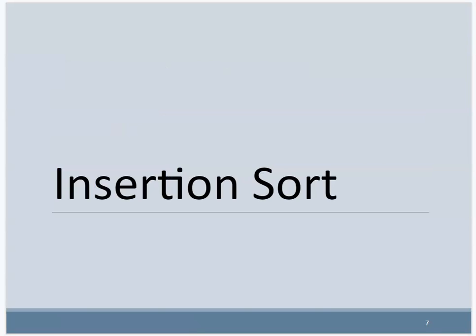Insertion sort is an algorithm that you will actually see used in the real world. A lot of times it's in a combination of other fancier things, but this is more efficient than selection sort.